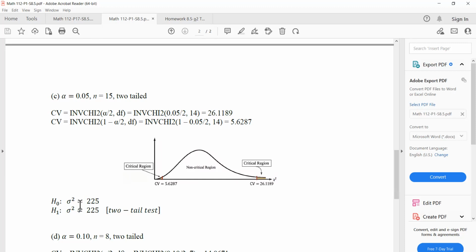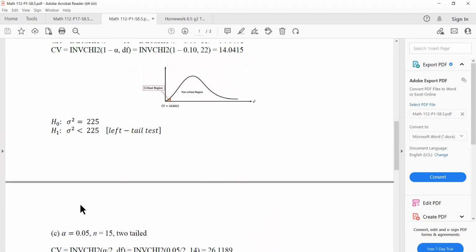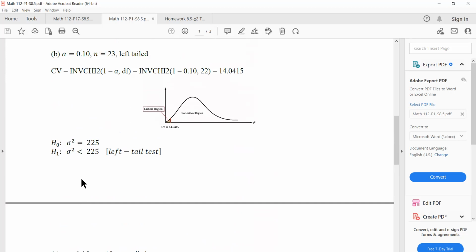But remember that if it's right or left tailed, like for B here, if this is less than at the bottom, then you should have greater than or equal to in your null hypothesis.